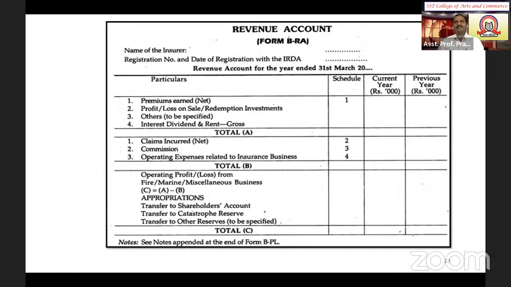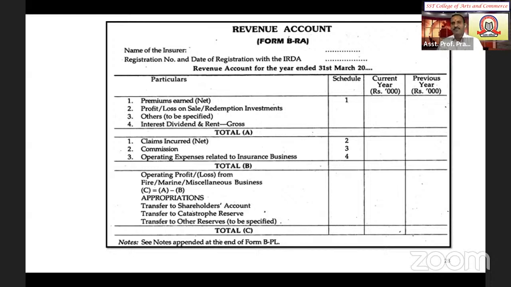Now there are financial statements, which are the revenue account, and the revenue account is prepared as per the form B-RA. Many times an objective question will ask, for the purpose of revenue account, which form is applicable?